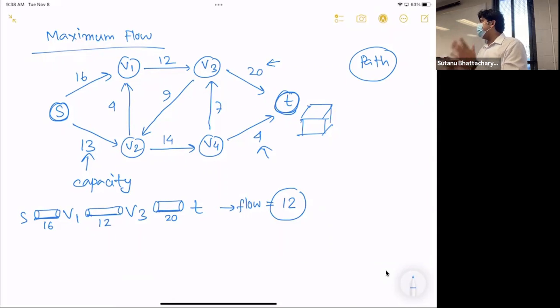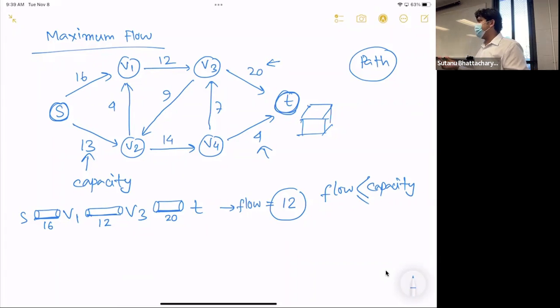Capacity is the maximum that flow can be in a given pipe, but flow is what actually gets through. Who is larger, flow or capacity? Capacity. So make sure to remember flow is always smaller than or equal to capacity.